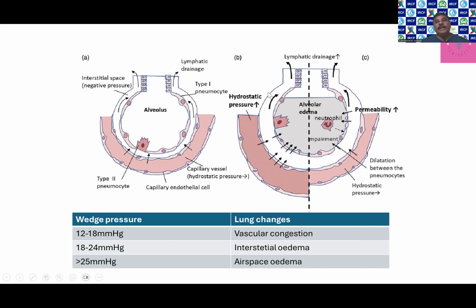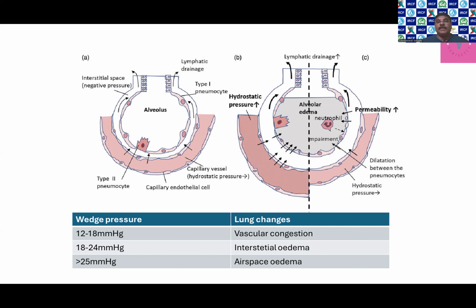Usually the fluid will be drained by lymphatic drainage. If there is any obstruction in lymphatic drainage, or any further increase in pressure, more than 25 mmHg, the interstitial space increases and the fluid will be shifted from the interstitial space to the alveolar space. These are the three stages.